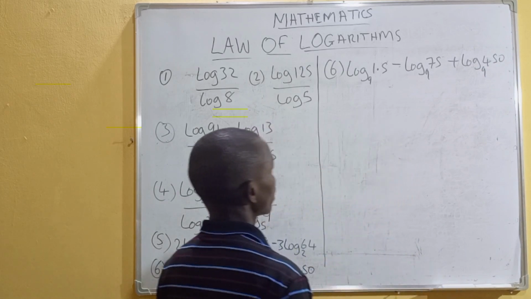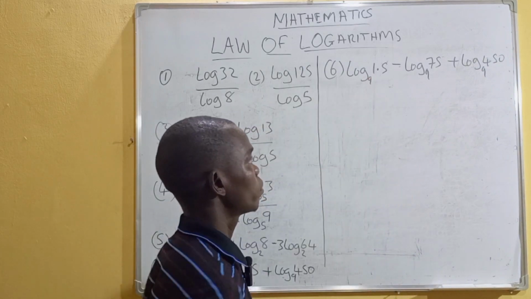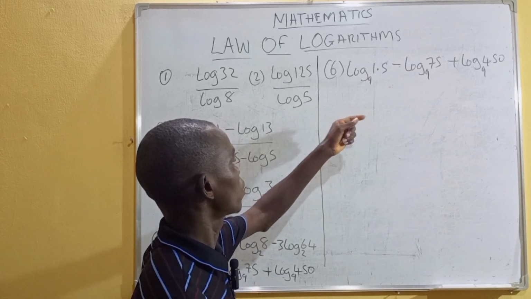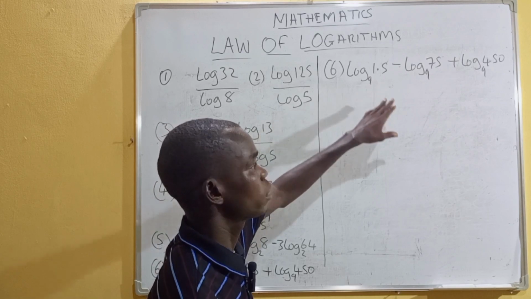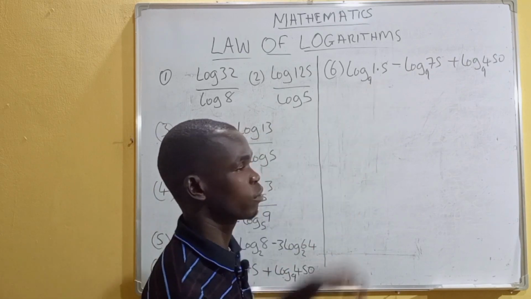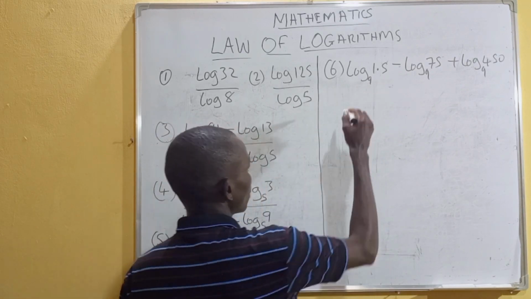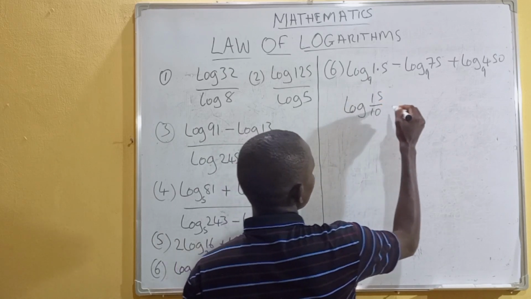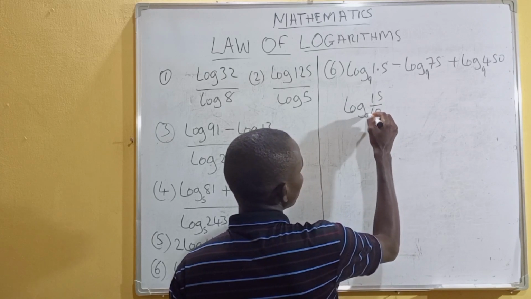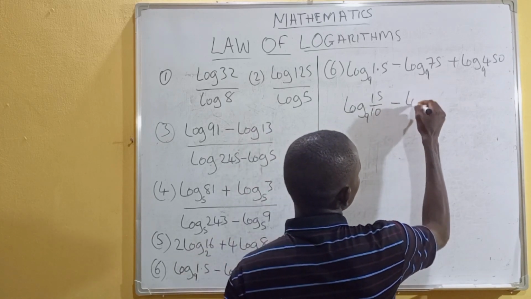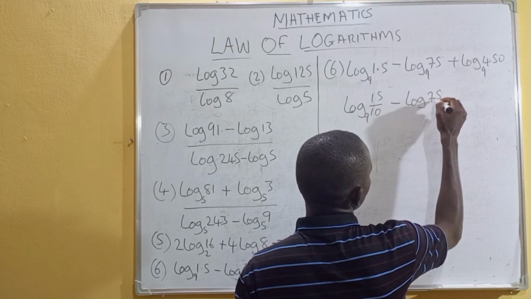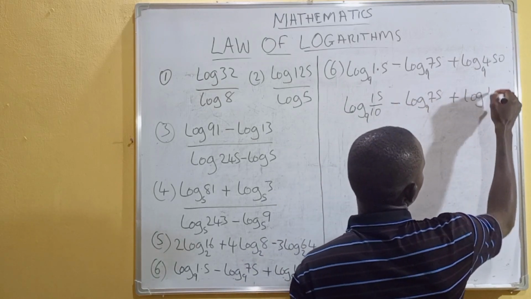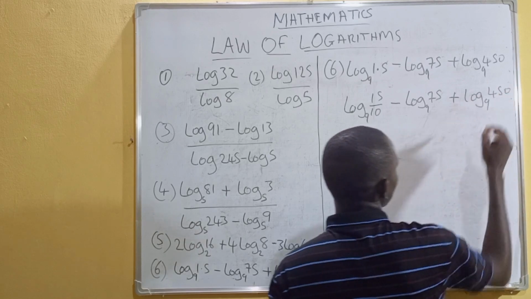If you look at the question now, we have a value that has a decimal place. And for you to solve any question that has a decimal place, you have to convert the 1.5 to a fraction, which will be log 15 divided by 10 with a base 9 minus log 75 with a base 9 plus log 450 with a base 9.